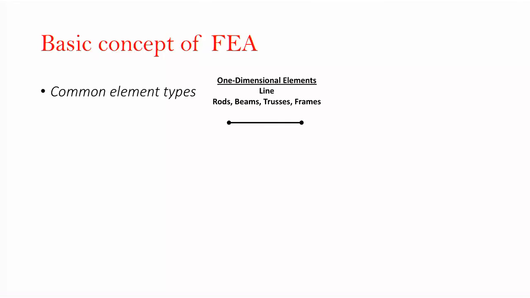And this is what distinguishes knowledgeable engineers from normal people who just learn how to use the software. I will explain this topic in detail tomorrow, but just briefly pointing out the types of elements.